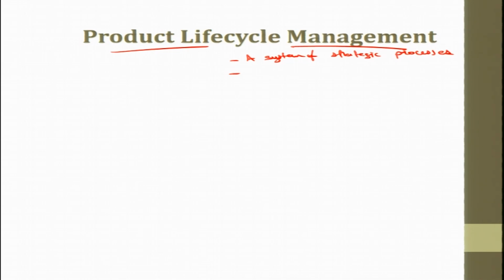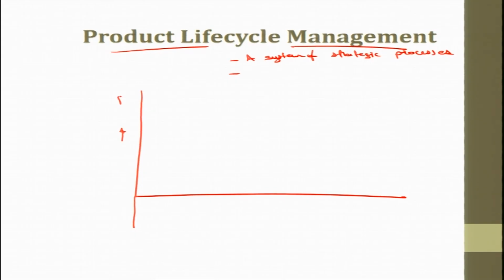These days we need to extend the duration of the profitable years of the product. If we talk about the product life cycle, it is something like this. Not from the marketing perspective, I will talk from the development perspective. Product life cycle is, if I say, this is my profit, this is in rupees, this is plus rupees, and this is minus rupees.